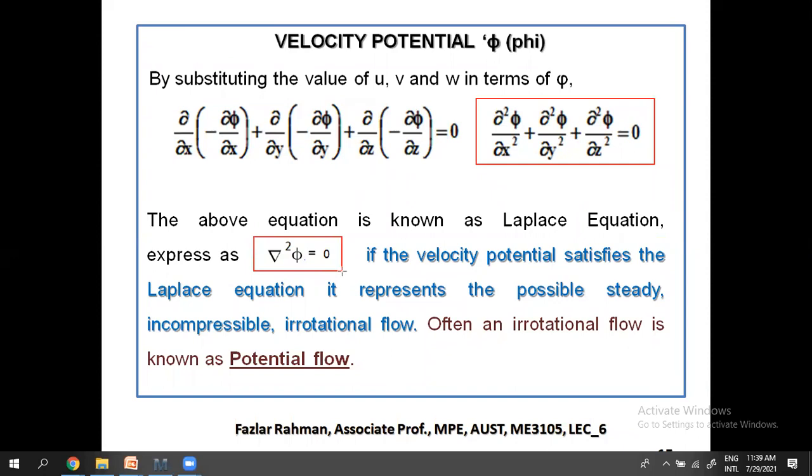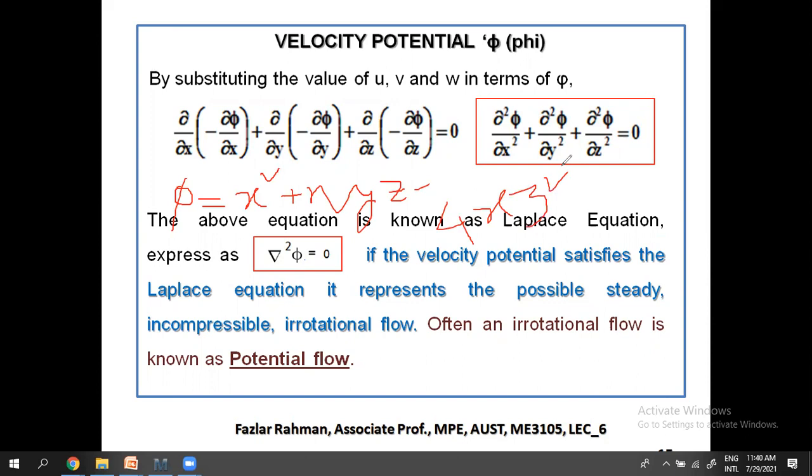So if I give you a function phi, for example, I might say phi equal to x square plus xyz minus 4xz square, just for example.